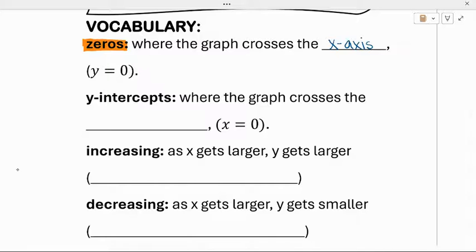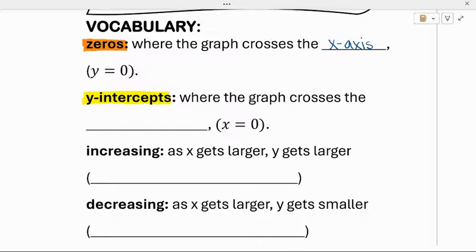What is the y-intercept? You guys have graphed functions before. What is the y-intercept? Where the two lines meet? What do you mean by that? Where two lines intersect? That would be a solution to a system.